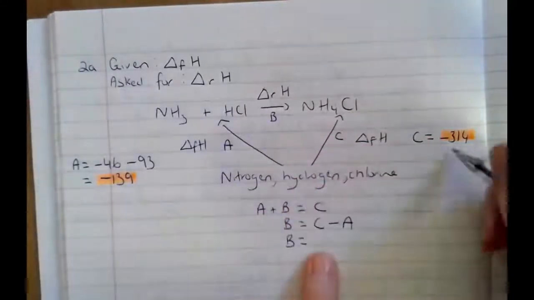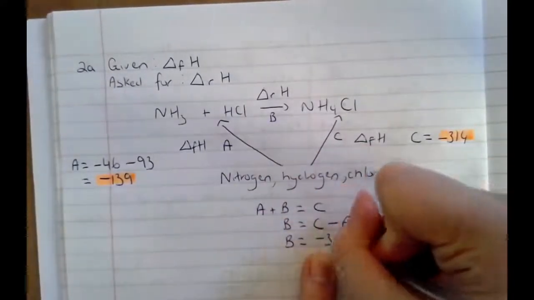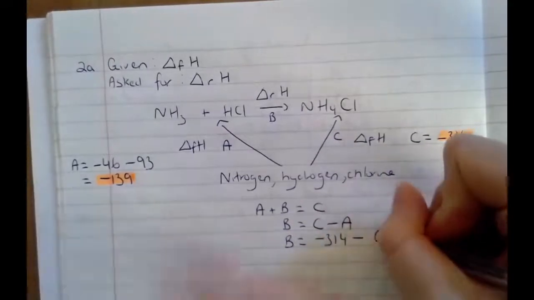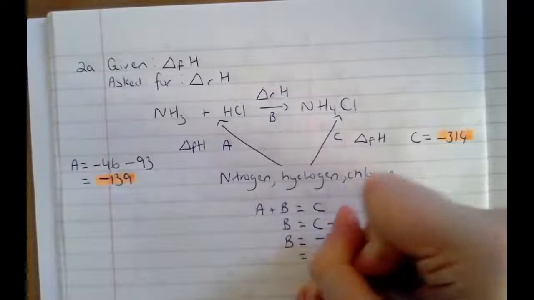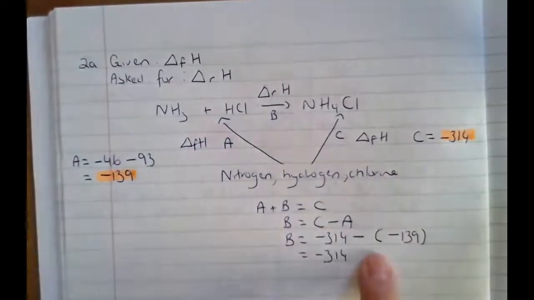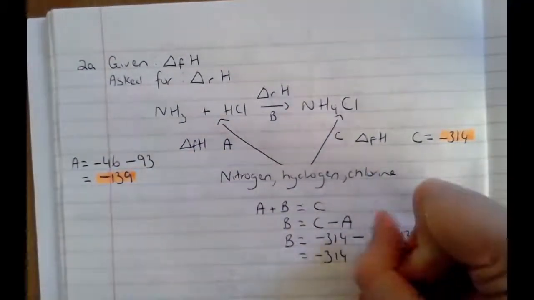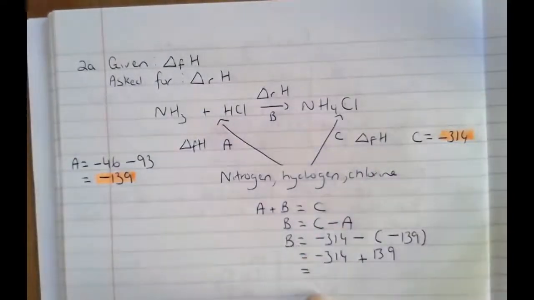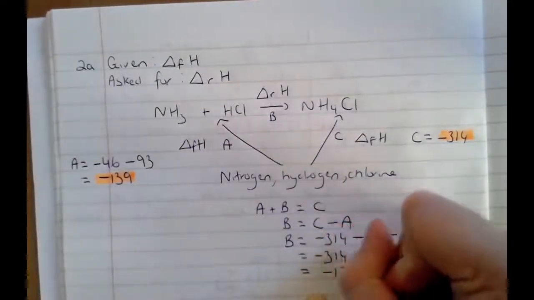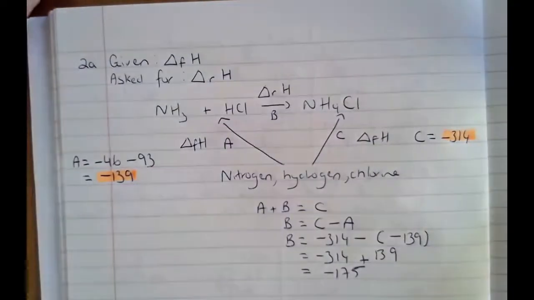So B equals C, which is minus 314, minus A, which is minus 139. So hopefully from your maths, you remember that if you've got minus minus, it becomes a plus. Sorry, 139. And that gives me a final answer of minus 175.